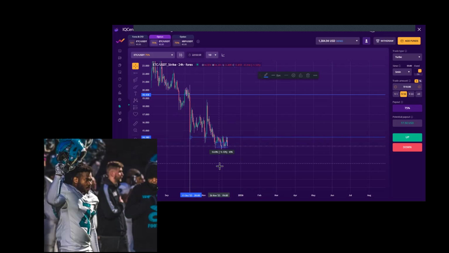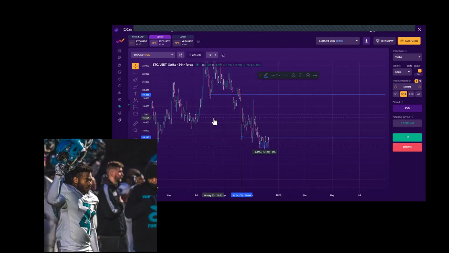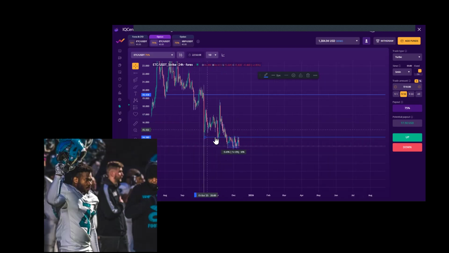So that's support right there where you have the icon at. Right now I'm marking the previous lows, because in the downtrend, these previous lows can potentially become a high.